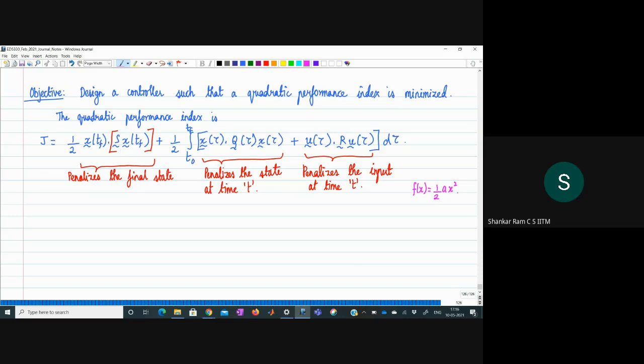All right. Now, if we look at this particular performance index here, Q and S are symmetric, positive semi-definite matrices, and R is a symmetric positive definite matrix.